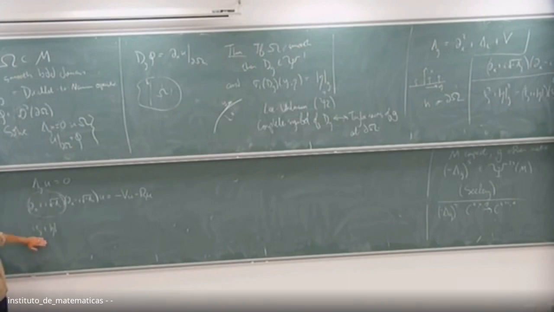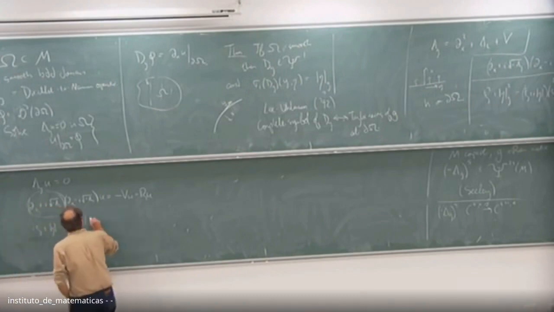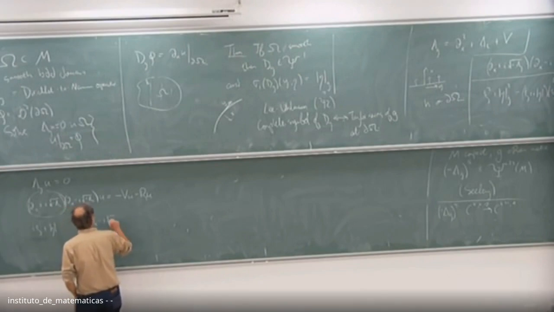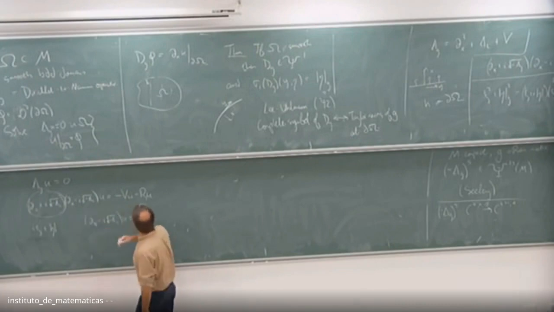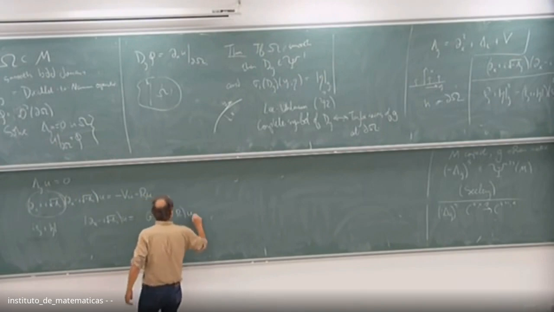So this guy's elliptic. What can I do with elliptic operators? I can invert them. So I can rewrite this equation as d by dx minus i square root of minus Laplacian sub h of u is equal to whatever the inverse of this guy is. So let me call it g of minus v plus r of u.